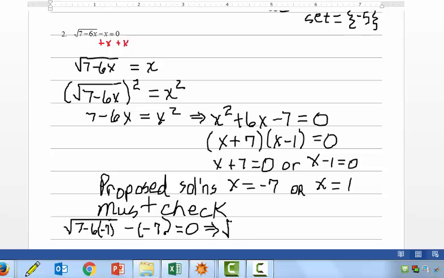So this is the square root of 7 plus 42 plus 7 equals 0. So that's the square root of 49, which is 7. 7 plus 7 equals 0 is false.